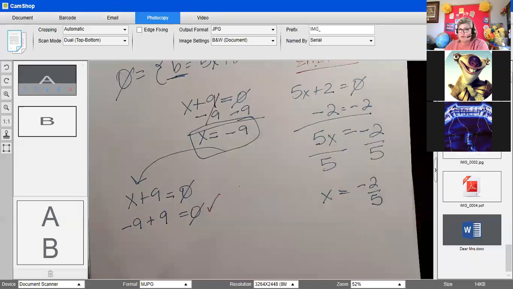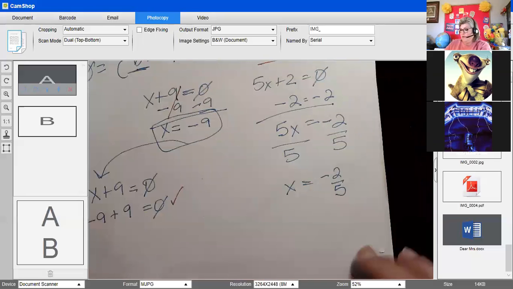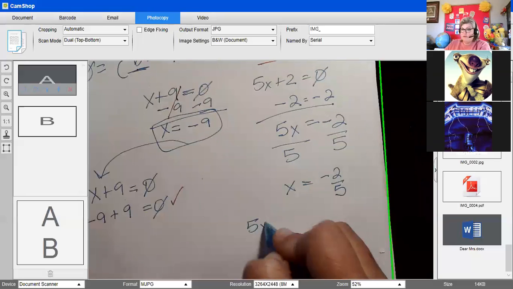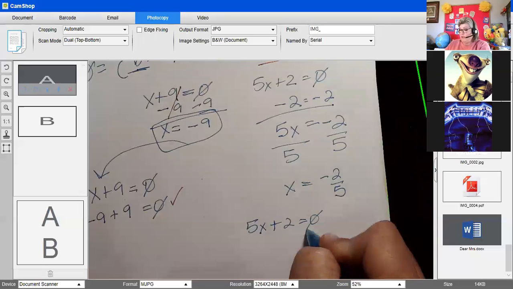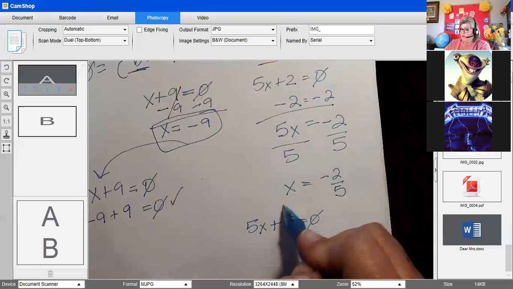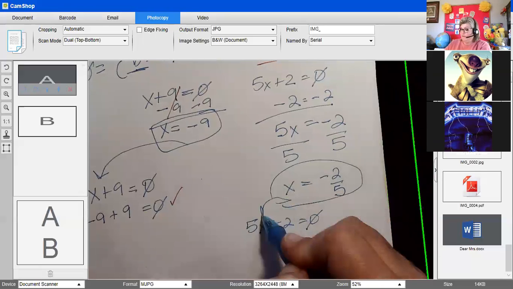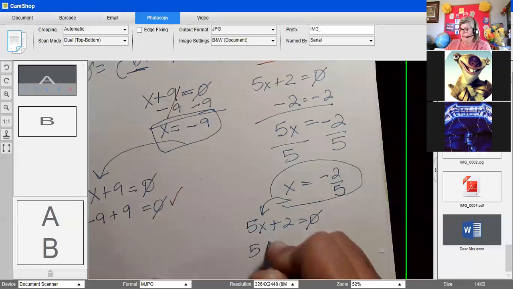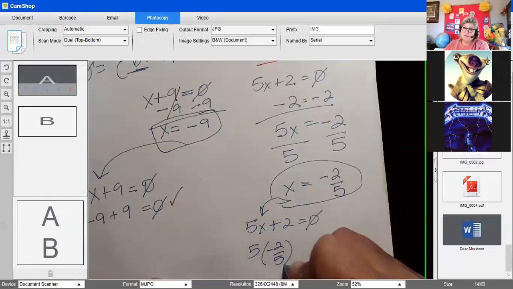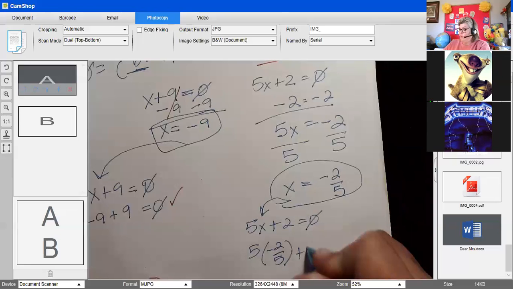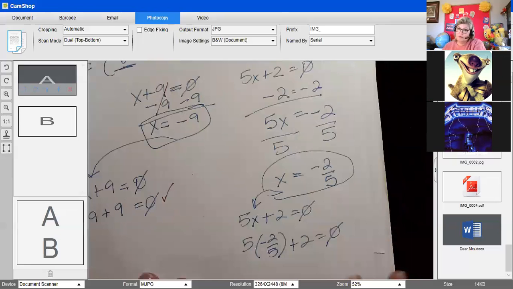Now this one, we had 5x plus 2 is equal to 0. And we're going to plug in what we found over here for the x. So 5 times negative 2 over 5 plus 2, does that equal 0?